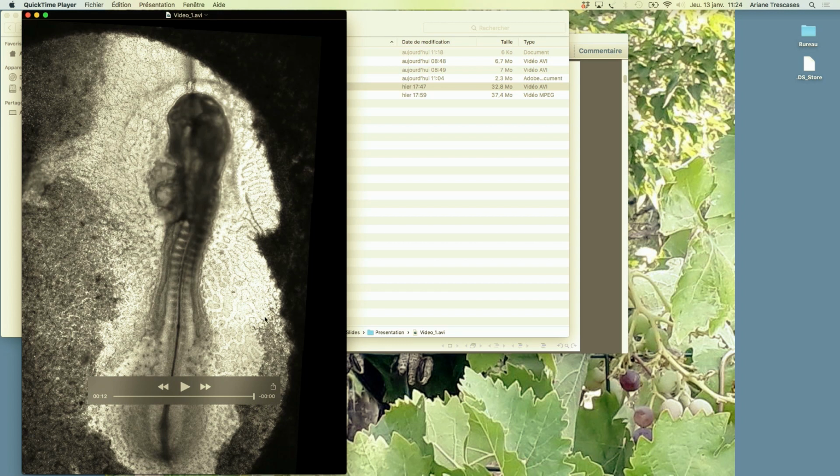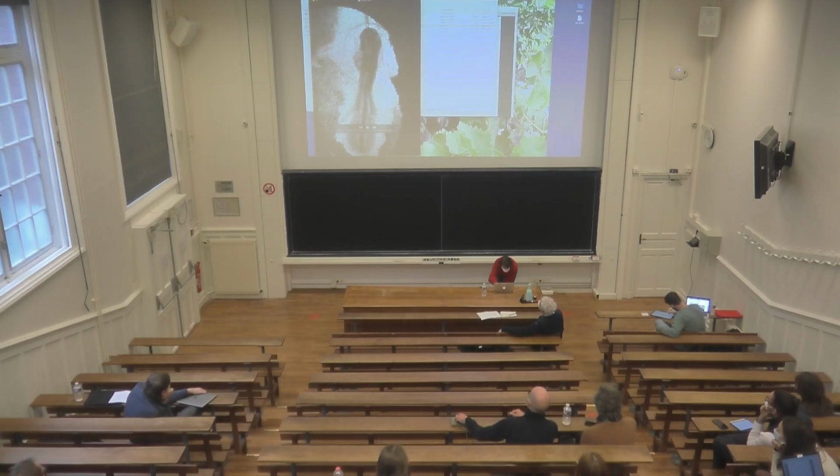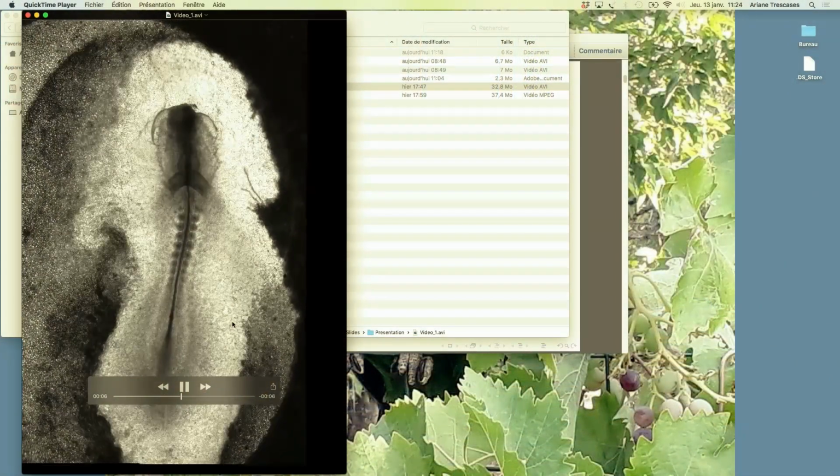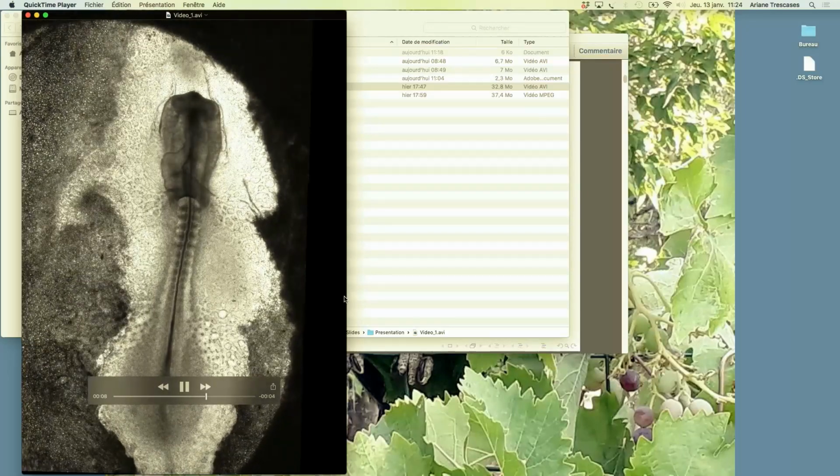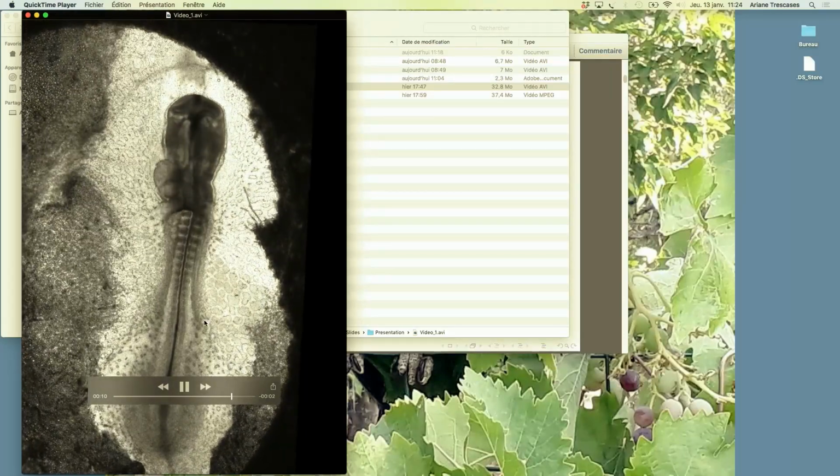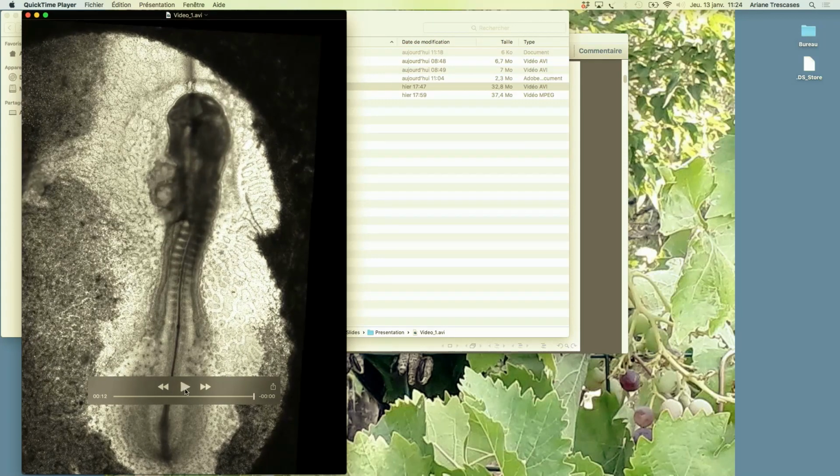And something, I don't know if you can see on the video, is a very complex choreography at the cellular level. All these little dots are actually cells, and with adapted tools we can track them. And what we see is that there are very complex movements.